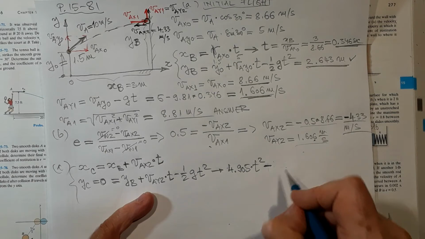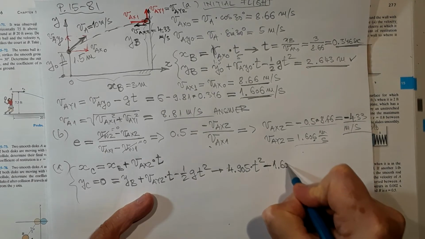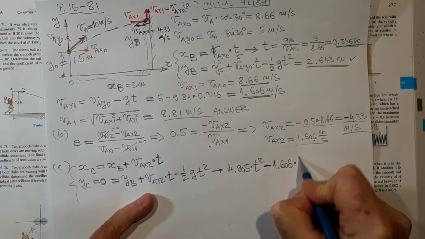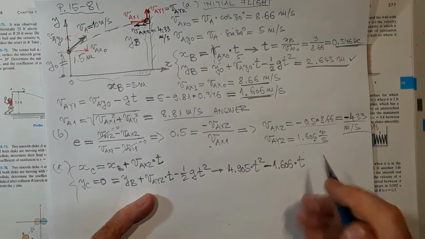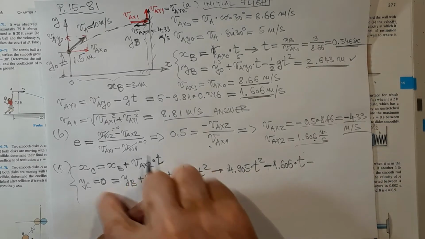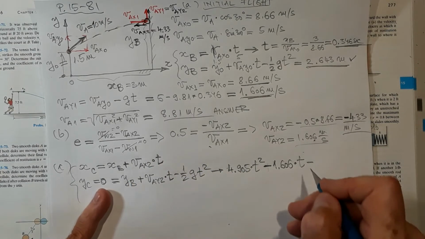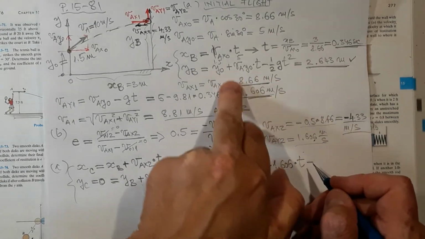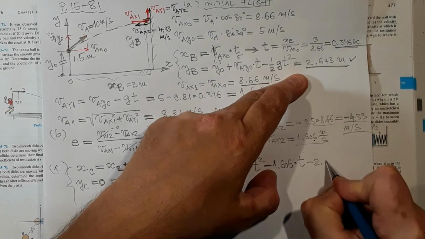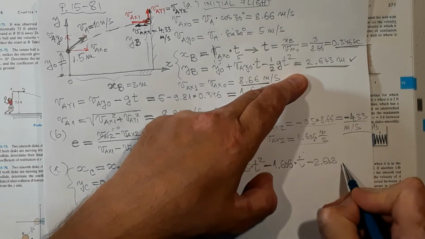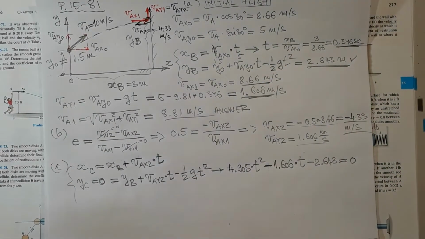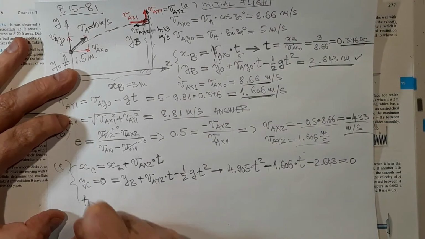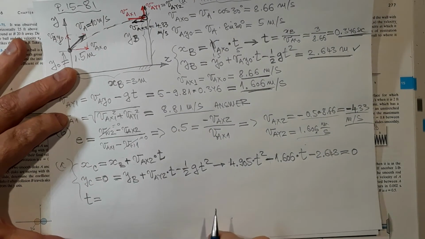So negative 1.606 times t, and then negative yb moved to the left, so yb is 2.643, equals 0.